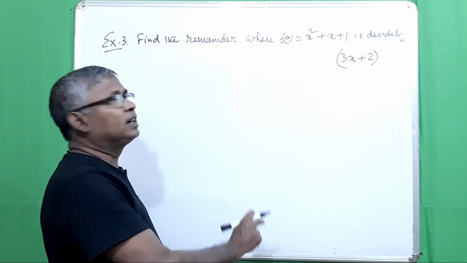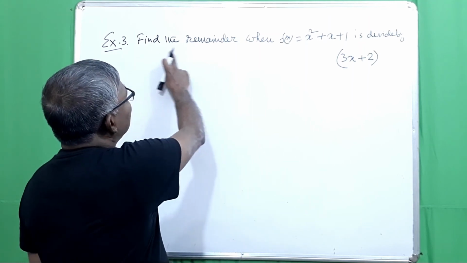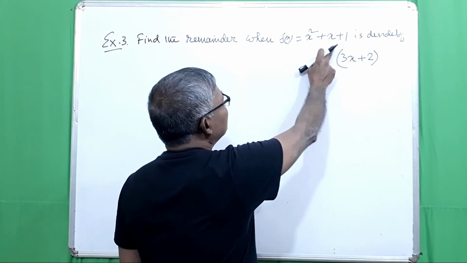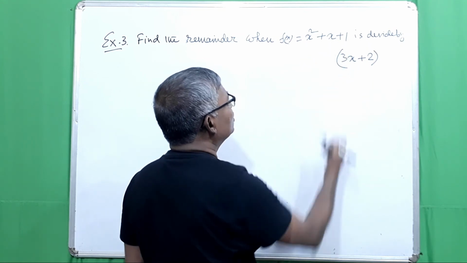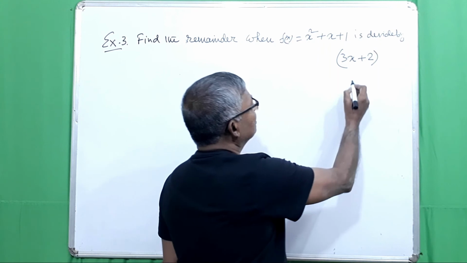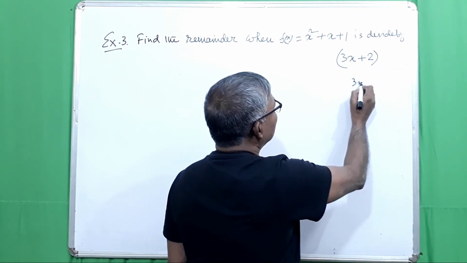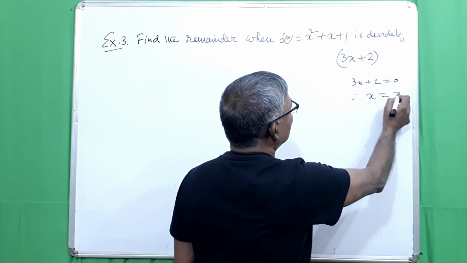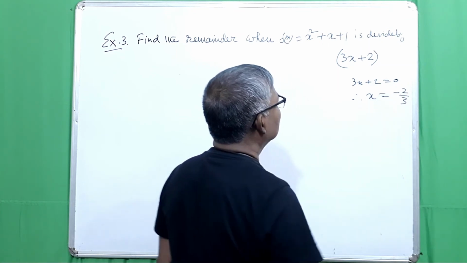Students, let us consider the problem. Find the remainder when f(x) equal to x square plus x plus 1 is divided by 3x plus 2. Students, let 3x plus 2 equal to 0. Therefore, x equal to minus 2 by 3.